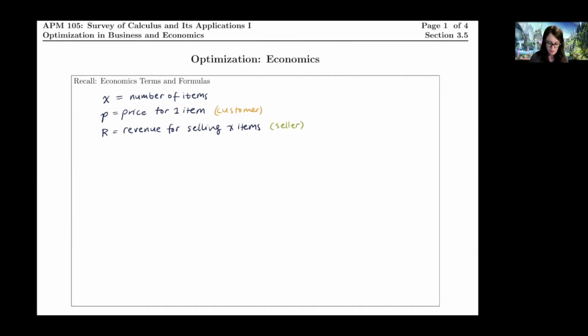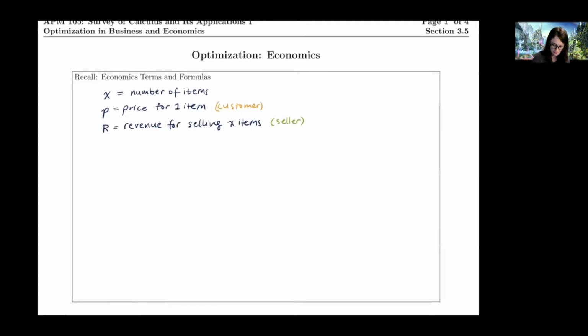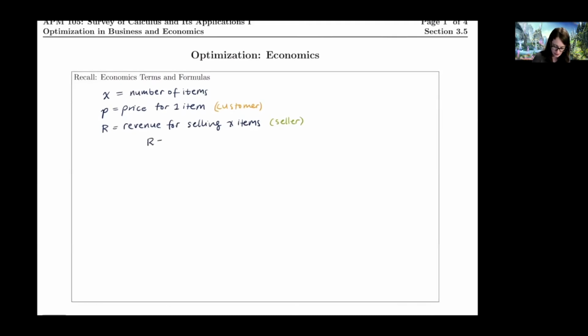So we have a formula for revenue. Revenue is always equal to the number of things sold times the price for one thing. So X times P. This is a formula that is always true. Revenue equals X times P. Then we have cost, capital C. So this is the cost for making X items.